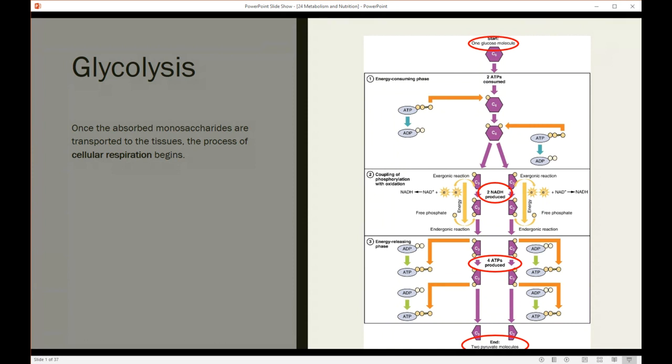Now, in order to start this, we had to put in 2 ATPs. So the net is that we get 2, right? Because we got 4 here, but we had to put 2 in to start. So 4 minus 2 is 2. Okay. But the key really is that we're going to get out these NADH molecules. They're going to continue.